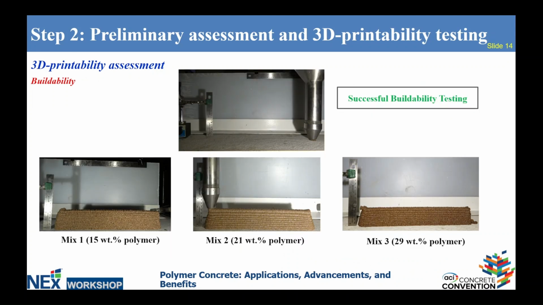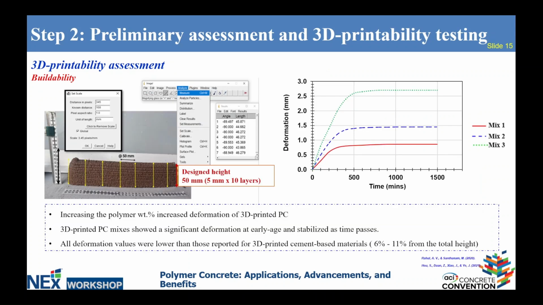So all the 3 mixes that printed 10 layers without failing were considered successful, and they went to the other buildability testing, which is measuring the deformation from a preset height. So we recorded a 20-hour video, and then by image processing, we calculated the deformation from the height.